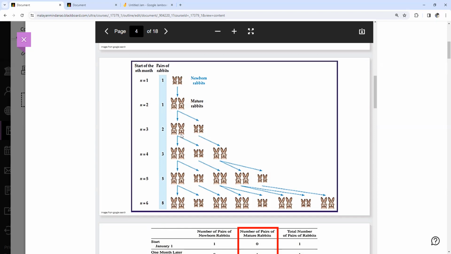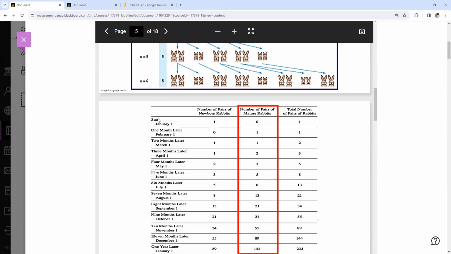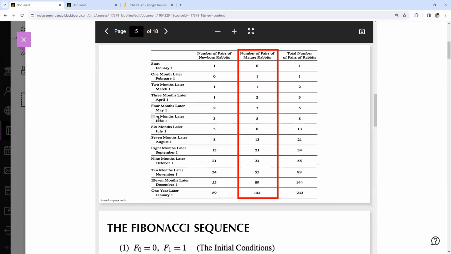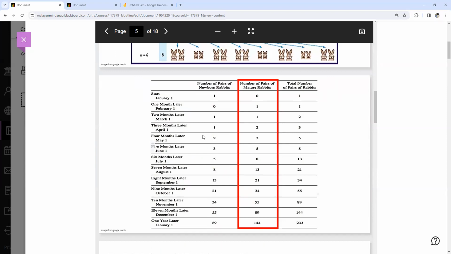The fourth month, the mature rabbits made a new pair of babies, and the younger pair matured, so now they are able to make their own babies. And if you repeat this process, you come up with this number of pairs of rabbits: 1, 1, 2, 3, 5, 8. And 1, 1, 2, 3, 5, 8 is the Fibonacci sequence.